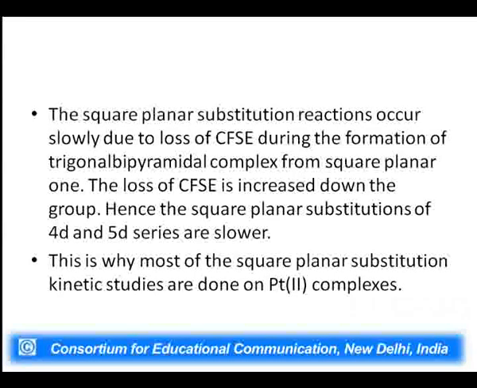If the rate is low, it can be easily monitored and studied. Platinum(II) complexes have a rate of reaction that can be easily studied, and in some cases intermediates can also be isolated.